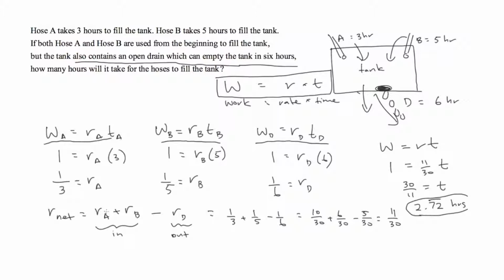So really what we need to figure out is how much water is actually filling the tank, which is the water going in, and we subtract the water that is going out. So we get R net. After we get R net, we plug that into this W equals RT equation one last time and solve for T.